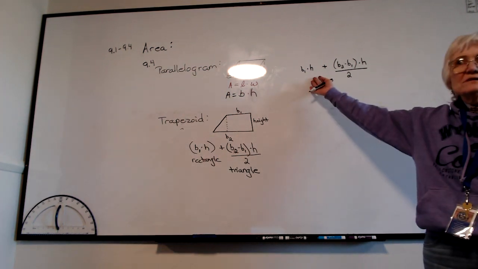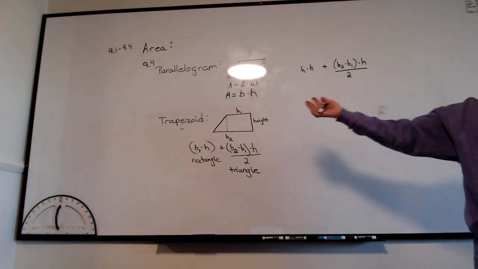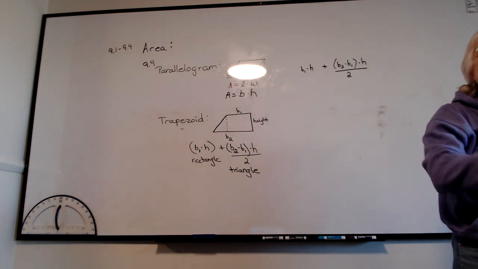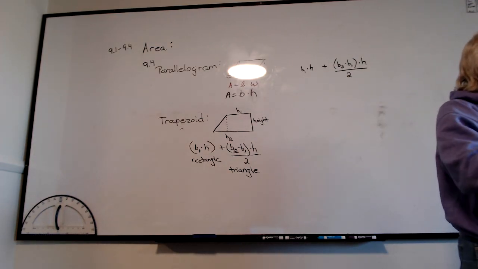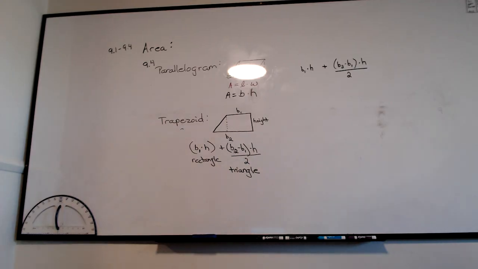This is a fraction, and I want to add two fractions. I must get a common denominator to add two fractions. That is just part of algebra. You need to know how to do that.